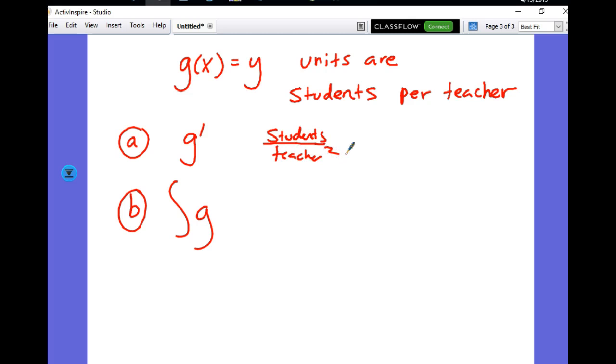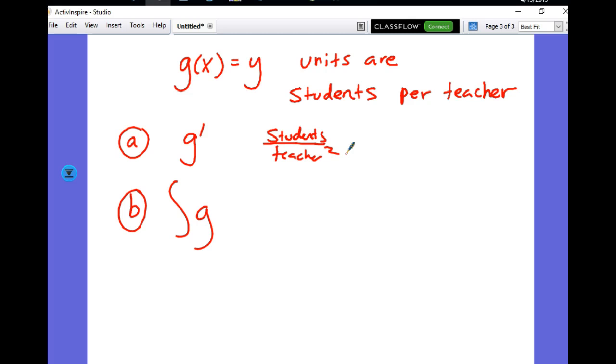Lucio, what would B be? What we learned was that when you integrate, you lose an input unit from the denominator. What are the units for G, Lucio?